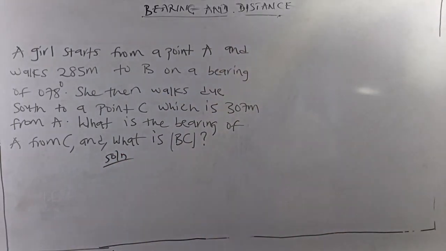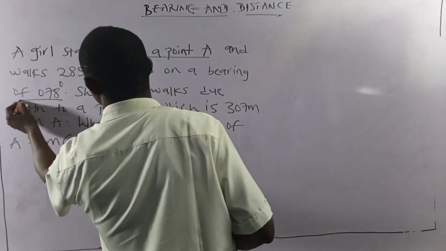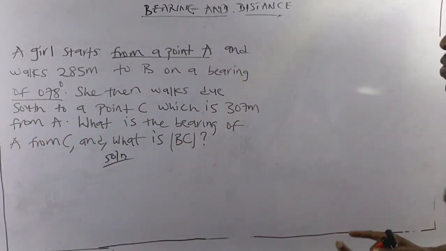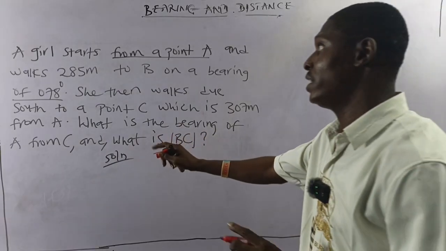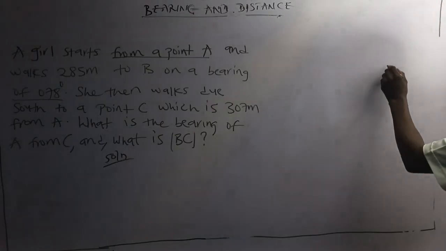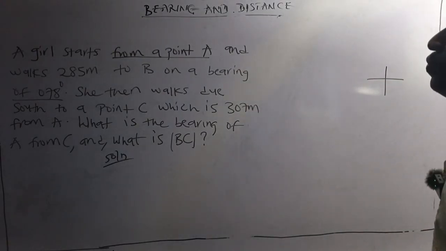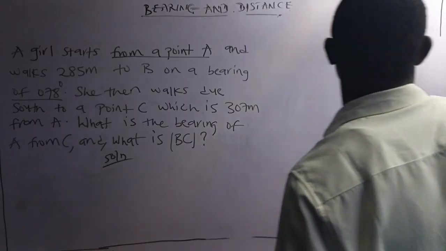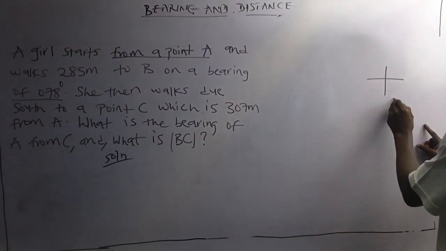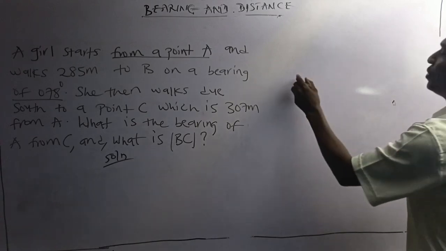Solution. Again, start from a point A and walk to B. From a point A simply means A has this bearing. Take note, from a point A means A has that bearing. So at point A, it covers a bearing of 78 degrees. Should be this way.